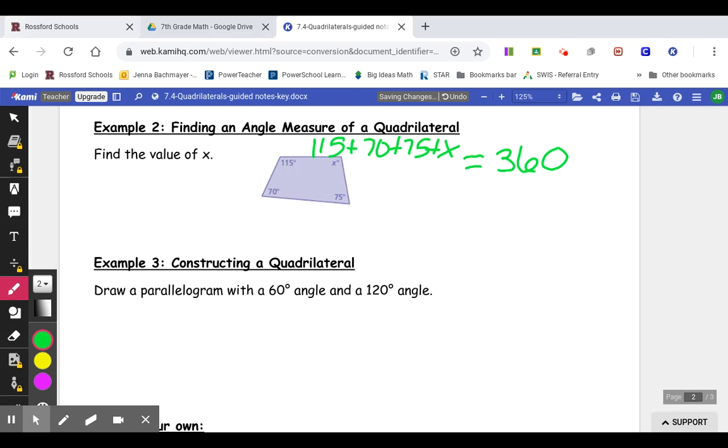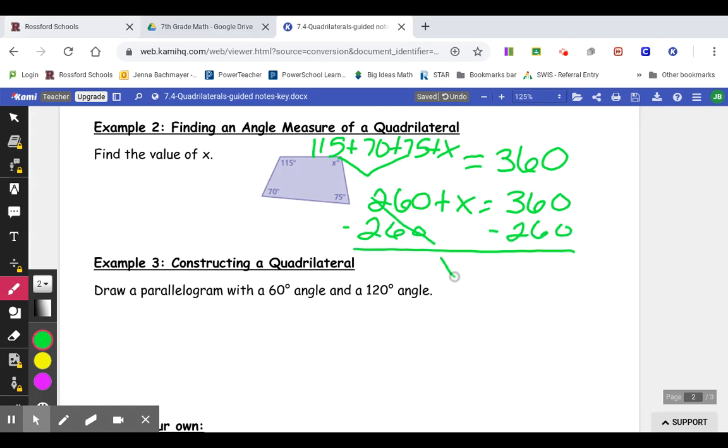When I combine all those terms, that gives me 260 degrees plus my x value, still set equal to 360. From here, I want to get the x all by itself, just like solving a one-step equation like we've done for months. We're going to subtract, and that leaves me with x equals 100 degrees.